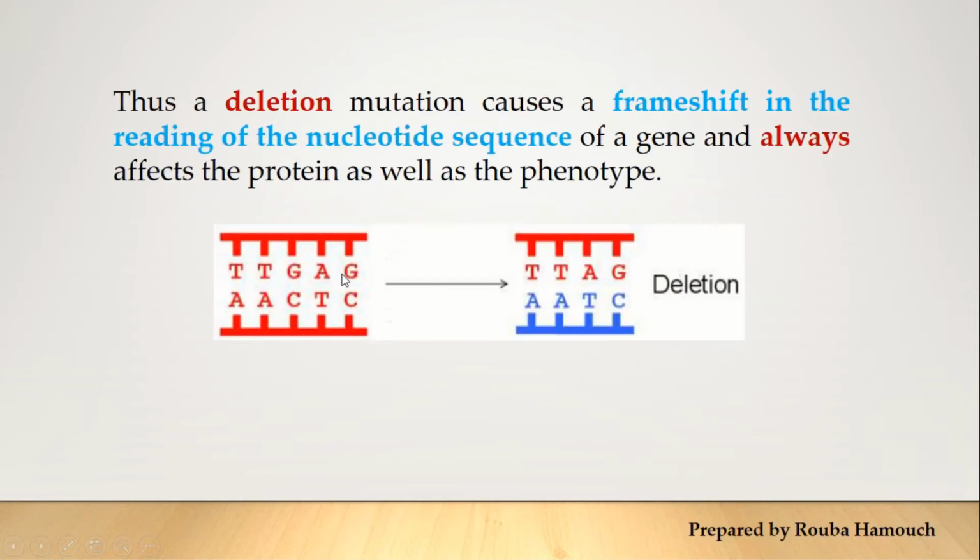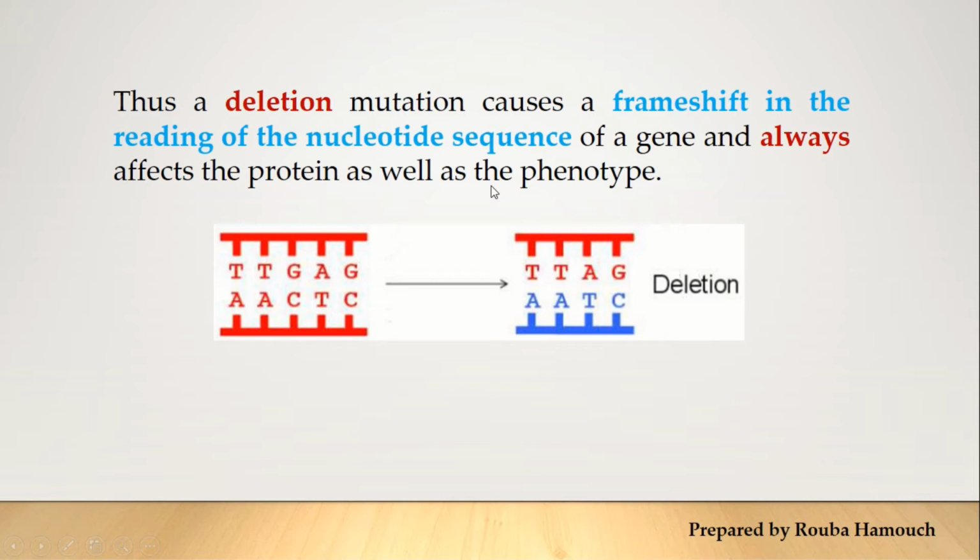Thus, a mutation by deletion always causes a frame shift in the reading of the nucleotide sequence. It causes a displacement of the nucleotides and always affects the protein as well as the phenotype.